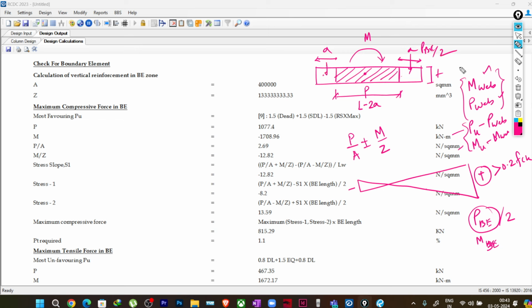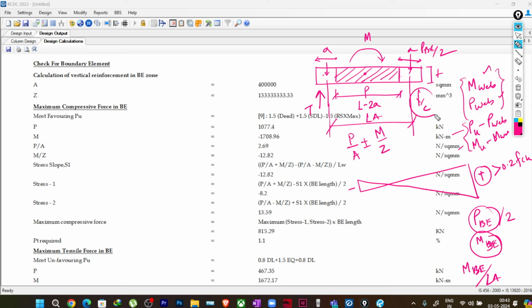This is the compressive force. Then this moment we convert into a tension-compression couple. How? We have this lever arm, the center to center distance between the boundary elements with the assumed length. Suppose this is my lever arm, so we divide MBE by the lever arm, and if the direction is this, here we get some tension and here some compression.